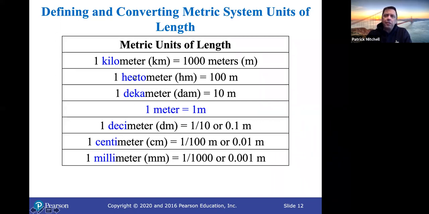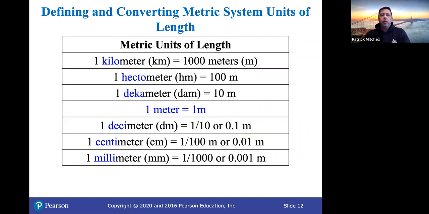You really don't see hecto, deca, and deci all that much. You see kilo for everything, you see milli for everything, and for some reason we usually only see centi with length. In later sections we're going to talk about units of weight, which are grams, and units of volume, which are liters.